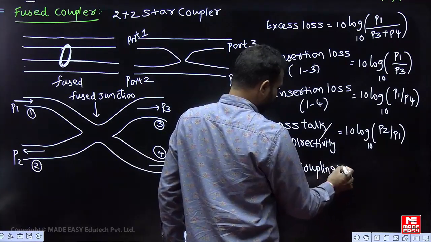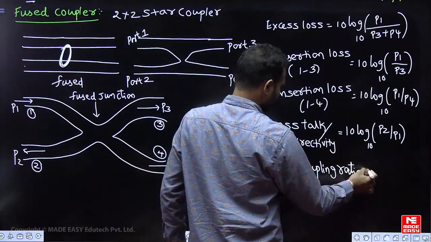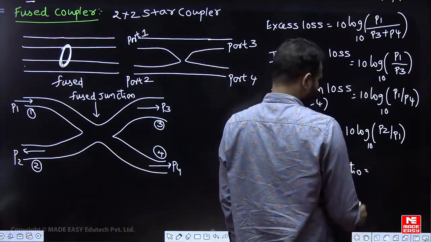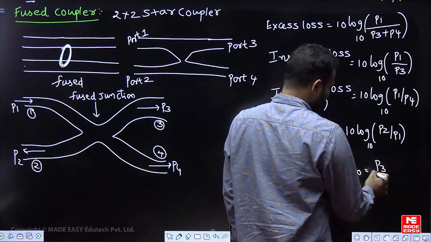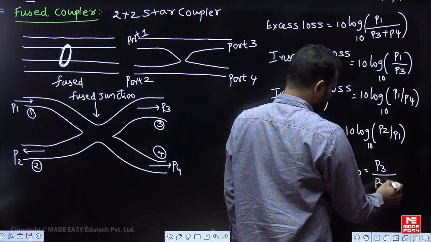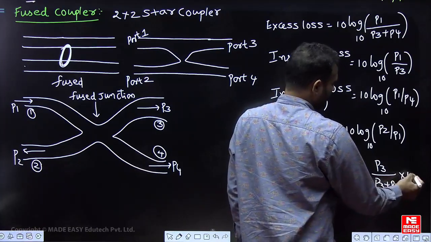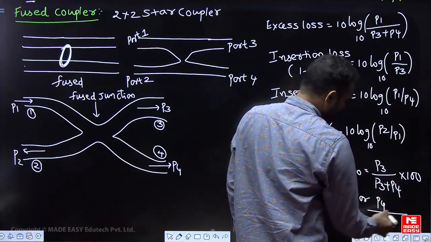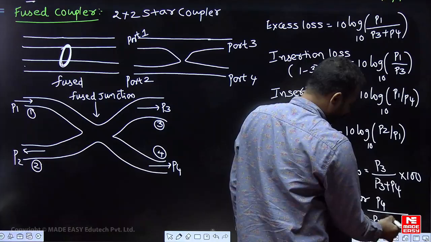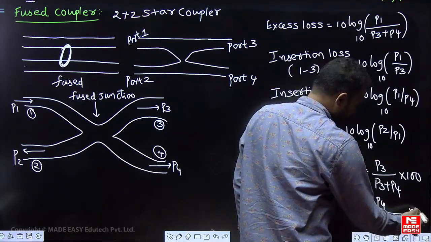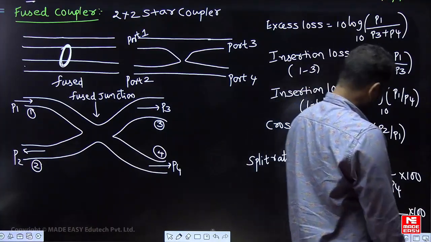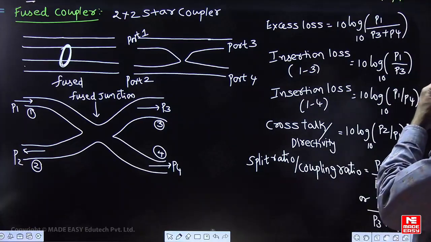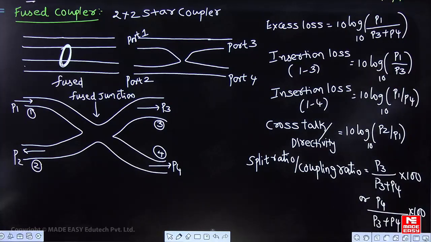When we talk about split ratio or coupling ratio, it is P3 divided by P3 plus P4, into 100%, or P4 divided by P3 plus P4, into 100%. This is what is called your fused coupler concept.